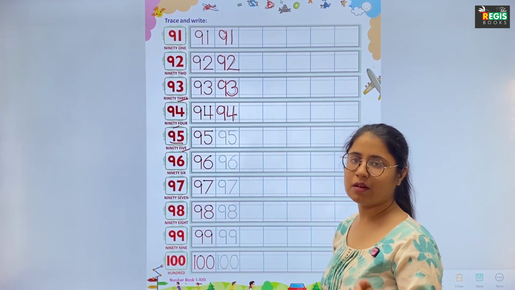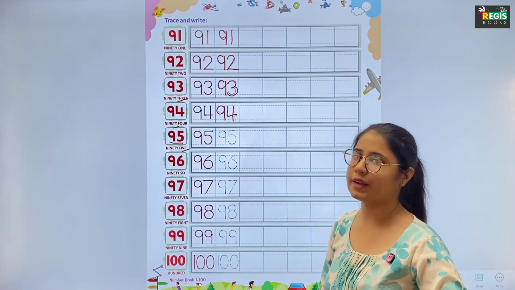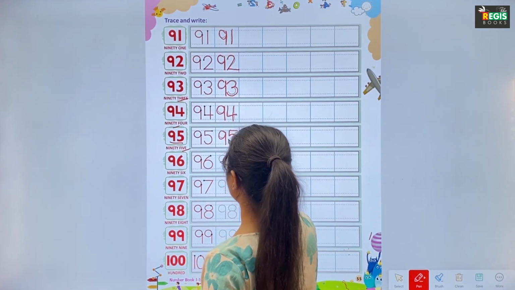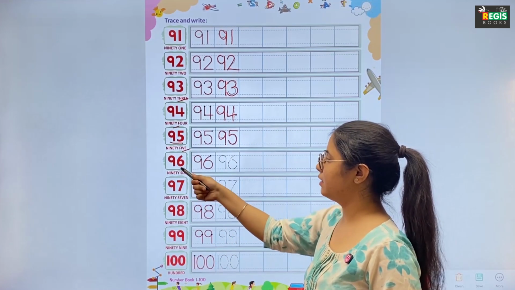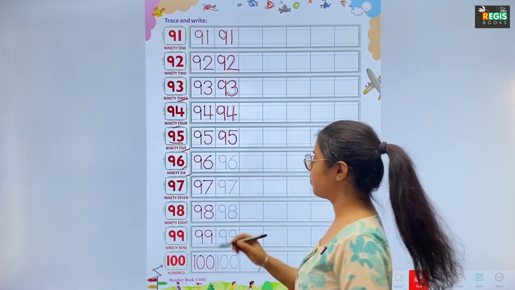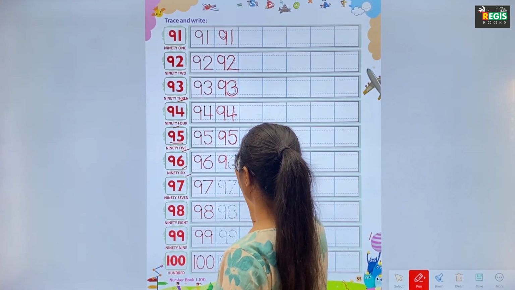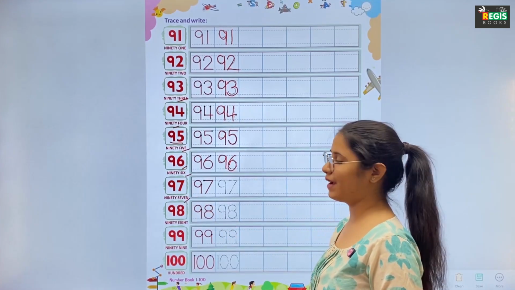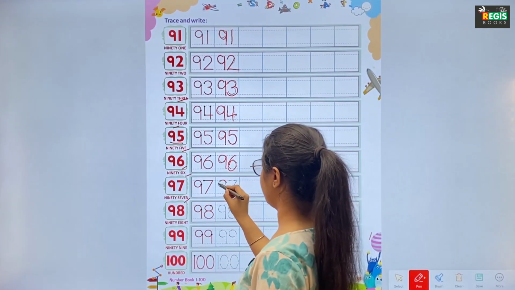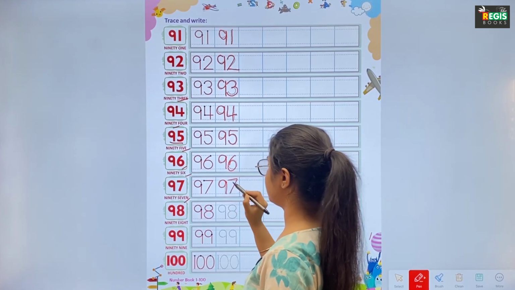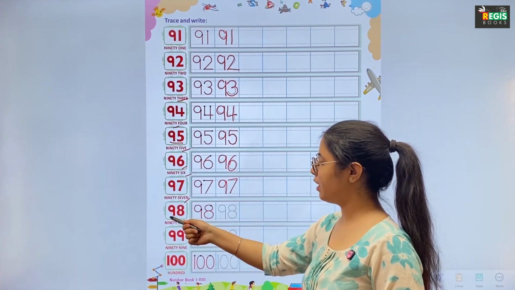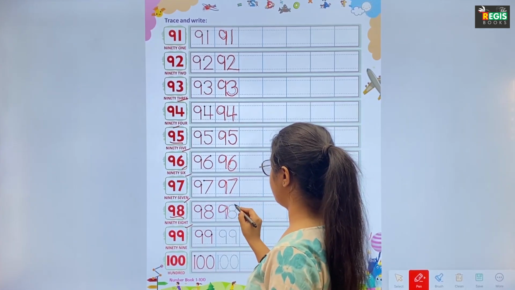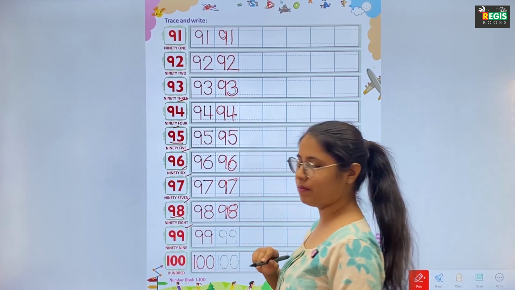Now we will write the number 9 and 5 together to make 95. 96. 96. 97. 97. 98. 98.